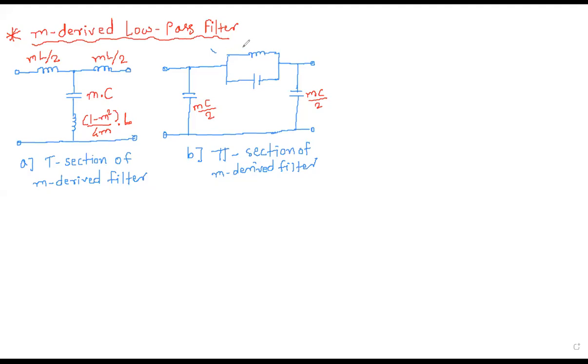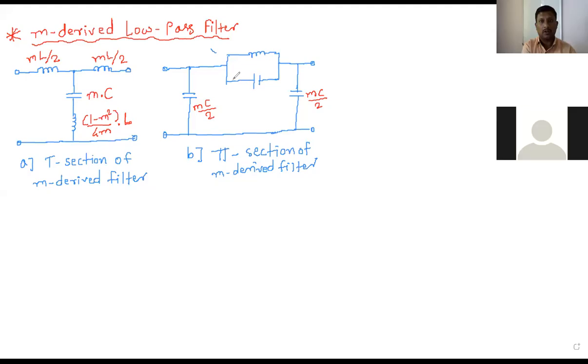So here the value of this capacitor is C by 2 already, so you only have to multiply M.